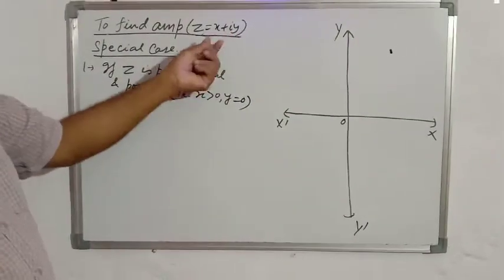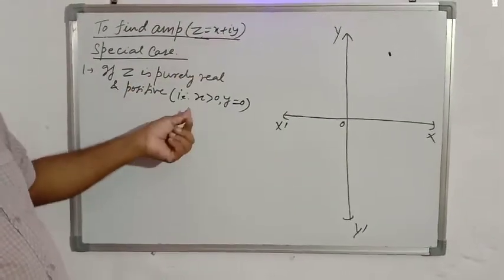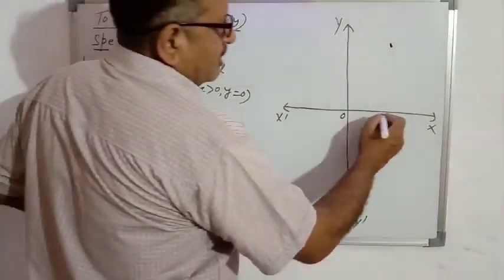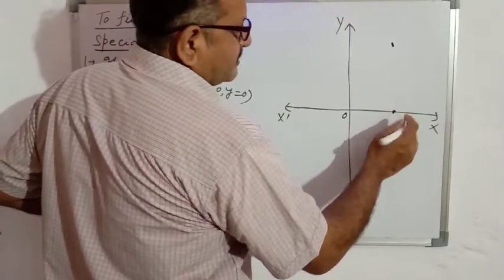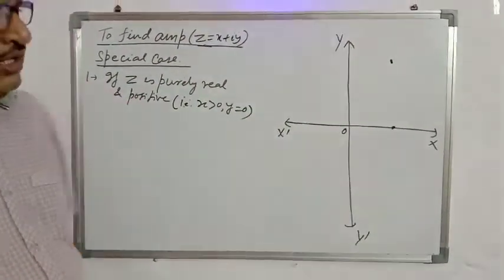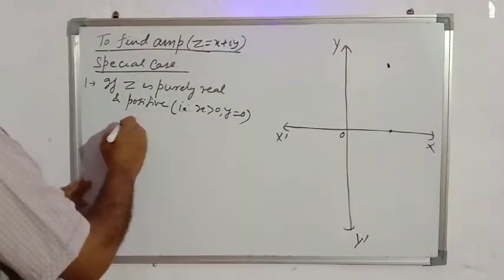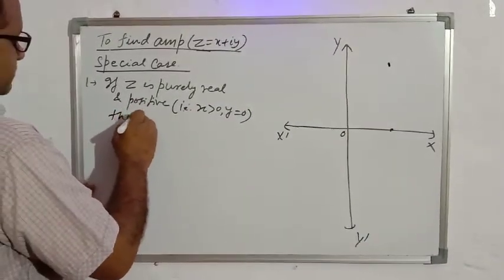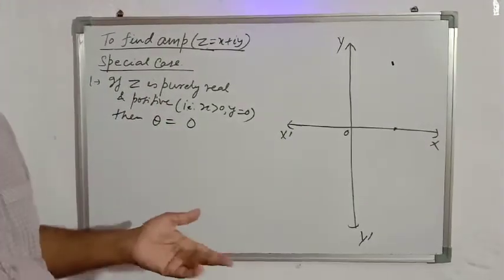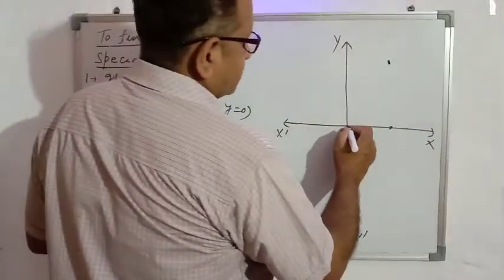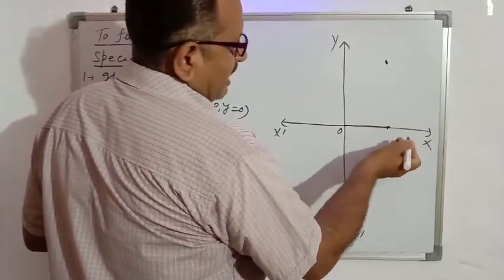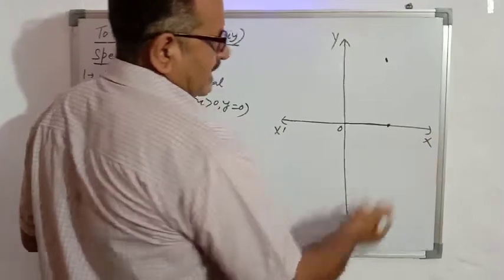Then the complex number will lie on the x-axis. In that case, theta will be 0 degrees, because it makes angle 0 with the x-axis.